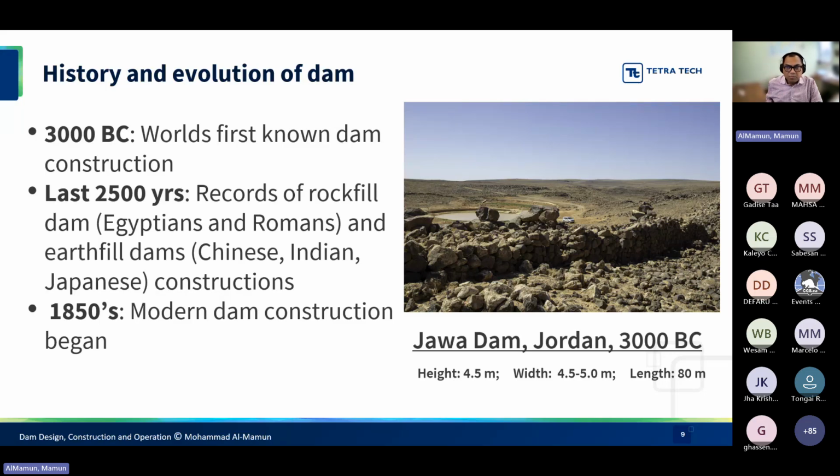I wanted to briefly touch on the history and evolution of dams because it's important to understand how dams fit into the progress of civilization. That way you get an idea of the complexity of the dam and its usefulness, etc. So the recorded history shows dams as early as 3,000 years ago, but we do see dams over the last 2,500 years, I think, in Europe as well as in Asia.